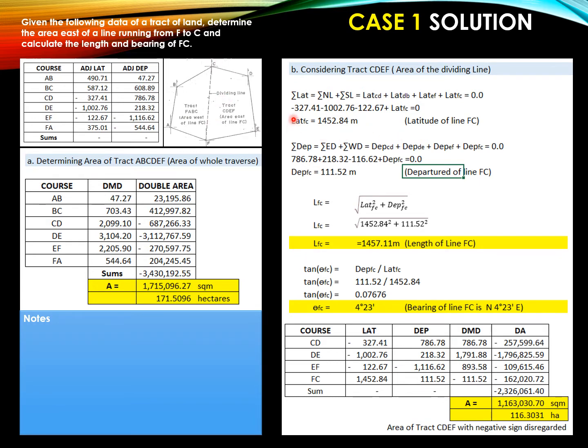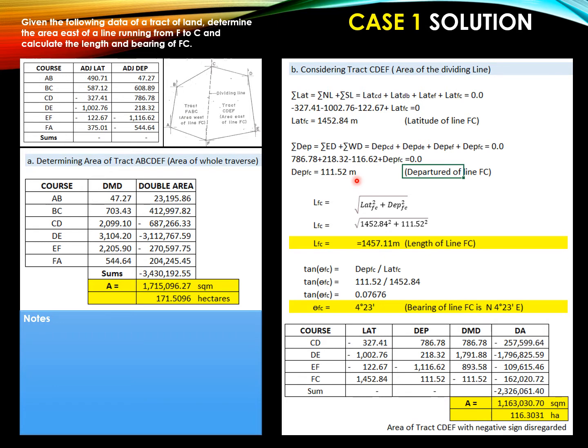So, substitute the given data, and we got this 1,452.84 meters. And the same thing, the summation of departure. We got this 111.52 meters.